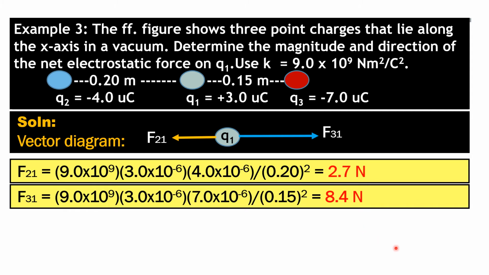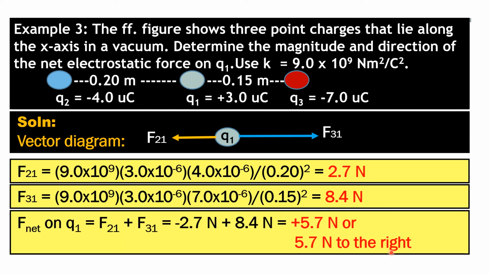So what do we do next? Of course, we will now add these two forces vectorially, or get the net force. So the net force on Q1 is just the vector sum of F21 plus F31. Here we indicate the sign already because we are adding vectors.